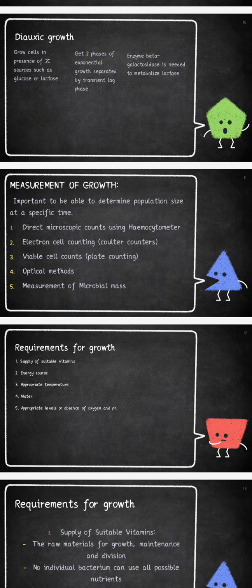Flow cytometry is used to measure DNA. So the transmission or scattering of light by a cell suspension is proportional to cell number as well as cell mass.